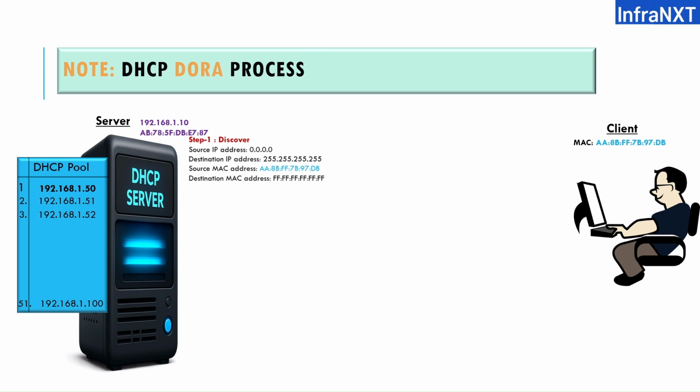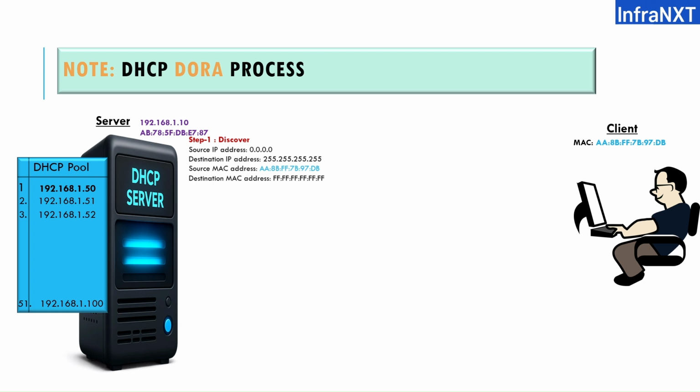In this process, the client sends a broadcast message into the network with the source IP as 0.0.0.0 and the destination IP address 255.255.255.255, which is a broadcast address, with its own source MAC address and the destination MAC address as all Fs, which is the broadcast MAC address, with the destination port as port 67, which can only be listened to by the DHCP server at the transport layer.